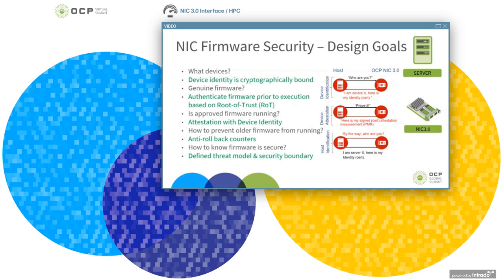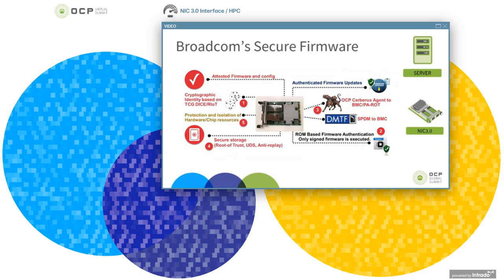So now that we've set the stage for the design goals, what we'd like to do is talk about how Broadcom has designed their secure firmware in their OCP 3.0 NICs. If you take a look at our implementation of this in our latest NICs, starting at the bottom, our cryptographic identity is based upon DICE.